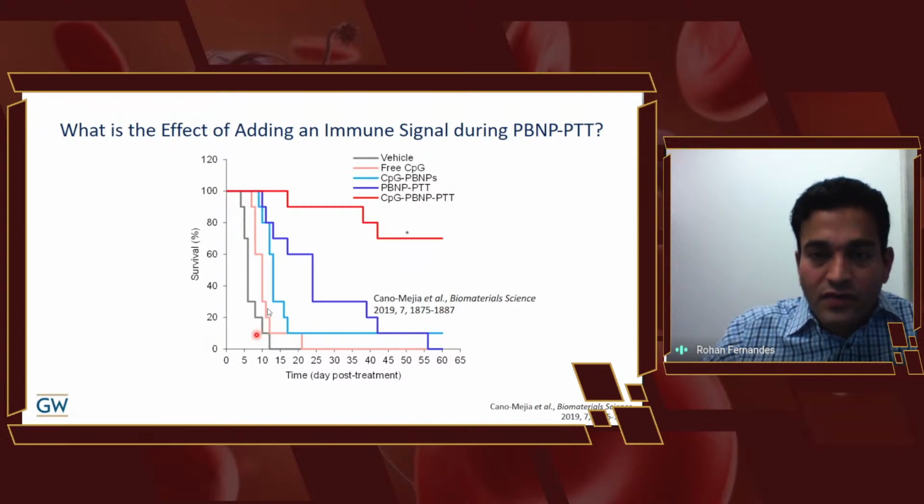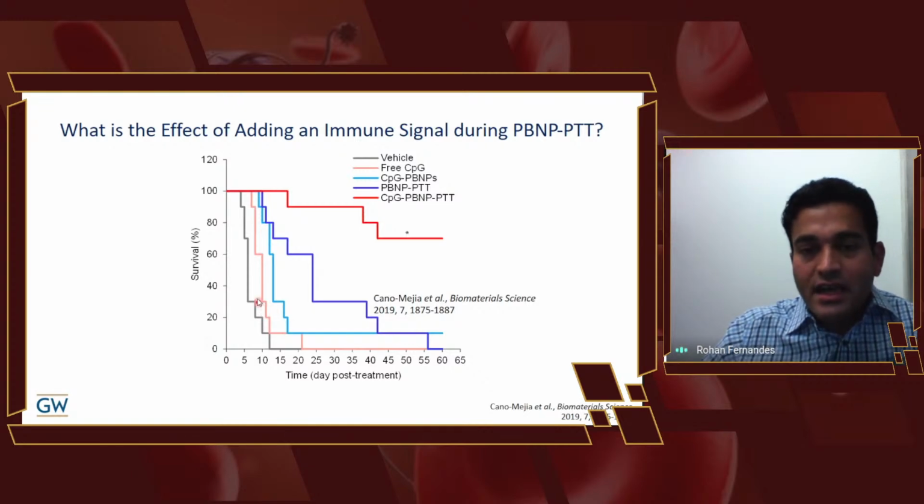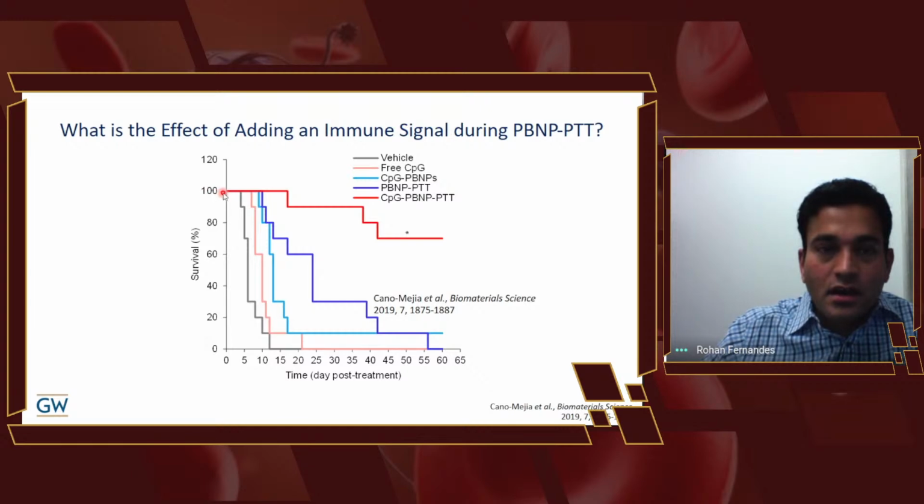So what is the benefit of adding CpG PBNPs compared to just the free PBNP PTT? As you can see here, untreated animals or vehicle-treated animals succumb rapidly to tumor burden after they had palpable tumors. Now, if you administer a free CpG into the tumor microenvironment, there is a median survival benefit here, but you don't see any long-term survivors.